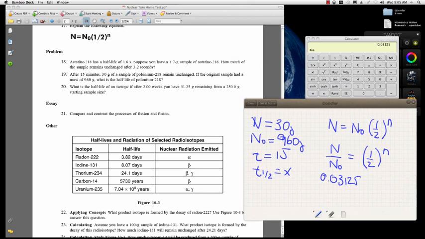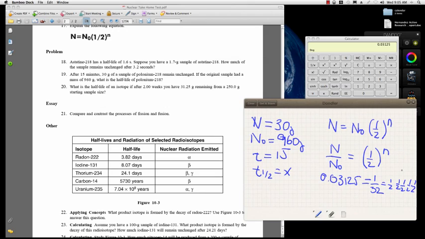So 30 divided by 960 gives us this fraction, 0.03125. This is obviously not 1/4, 1/8, nor 1/16, so we would go up to the next increment. We would try 1/32. And 1/32 does work out to be this, hopefully you saw how I did that. This is equal to 1/32, which means that it's 1/2 times 1/2 times 1/2 times 1/2 times 1/2.